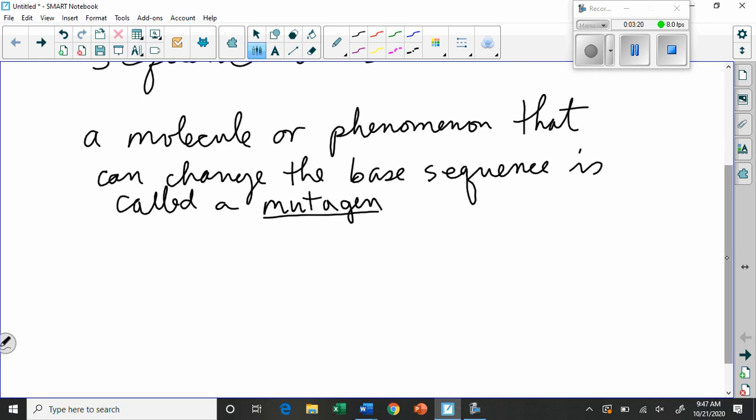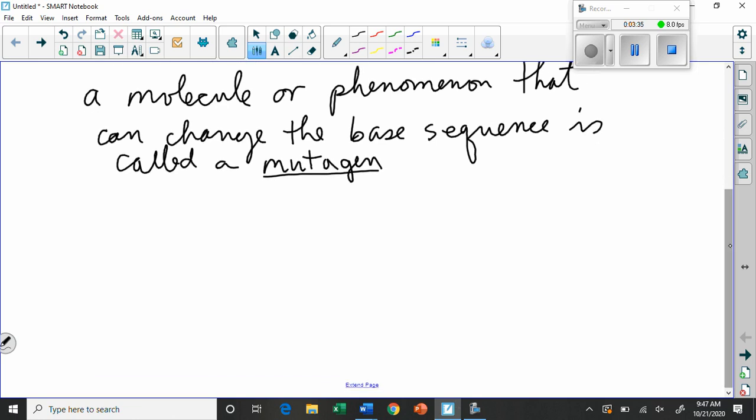Okay, so we know what a mutation and a mutagen is. Now all we have to do is look at some of the things that can happen and some of the ways that these mutations can take place. So we're just going to make a list of all the possible things that can happen. Let's put this down as a chart, types of mutations. Then you can have a handy reference.